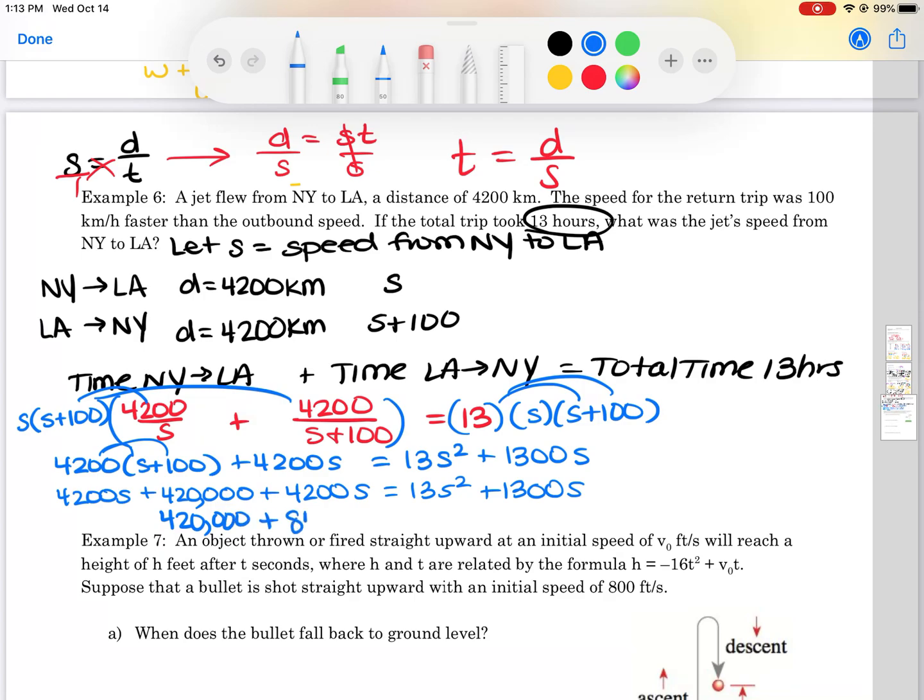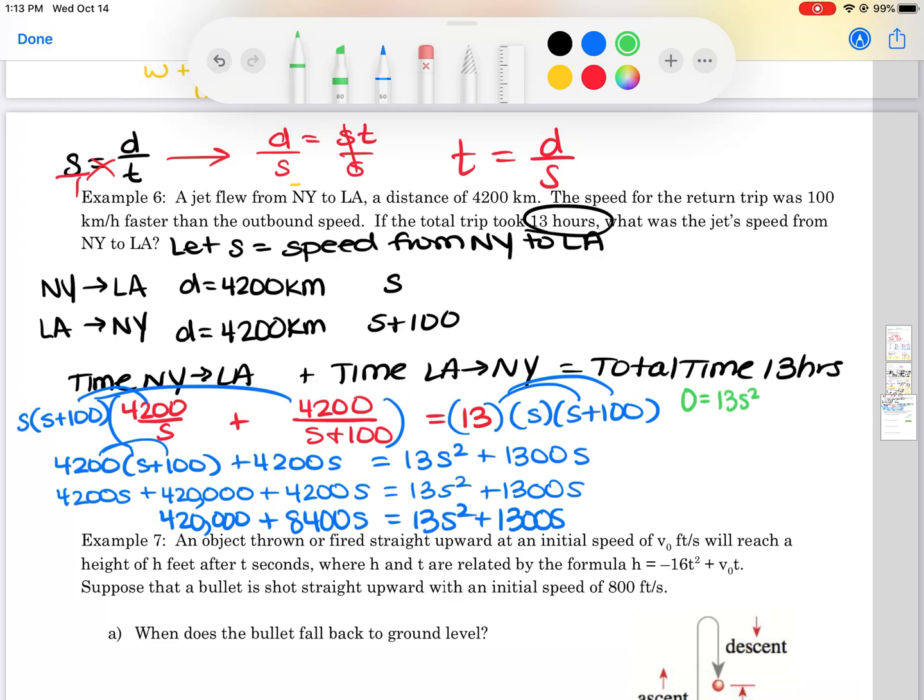We have 420,000 plus 8,400 S is equal to 13 S squared plus 1,300 S. What we want to do is make this equal 0, so I'm going to move everything to the left. That way the squared term stays positive.